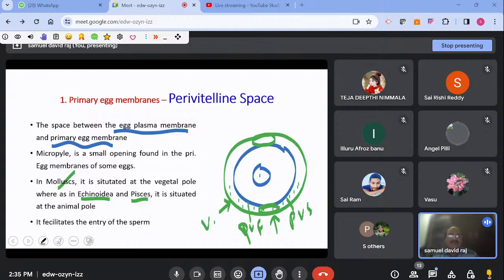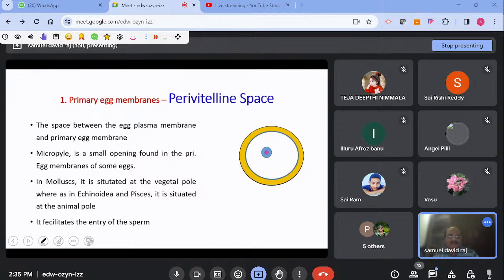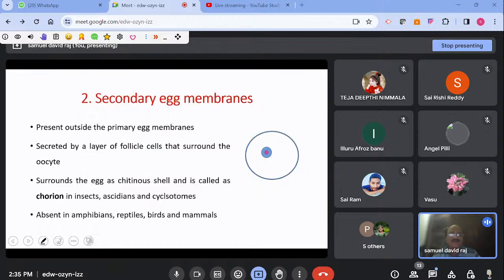Whether in the animal pole or vegetal pole, this pore or opening present in the primary egg membrane allows the entry of the sperm. That is the significance of this micropyle. So this is the primary egg membrane, which has a micropyle through which the sperm entry takes place.